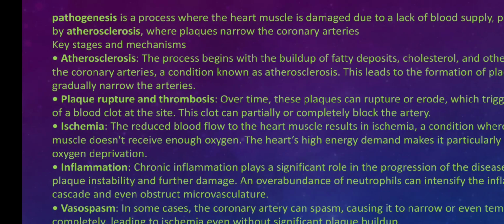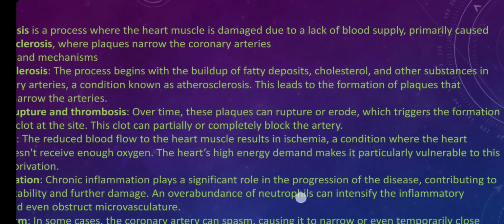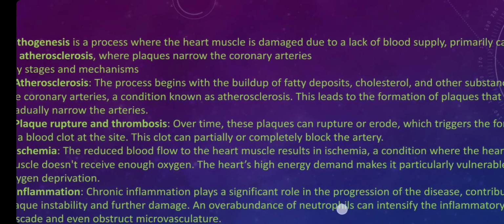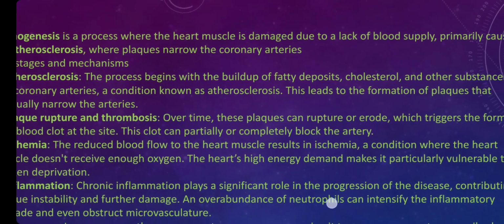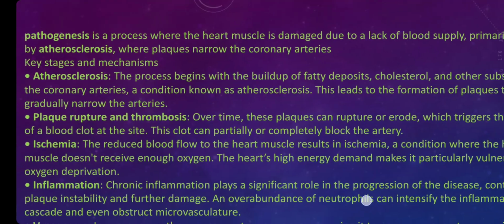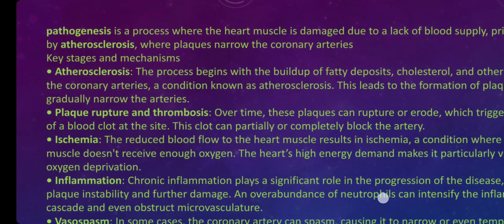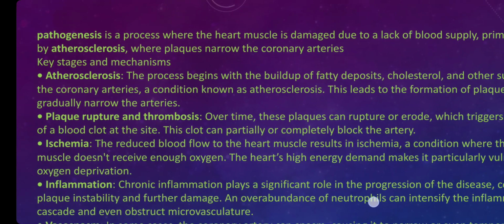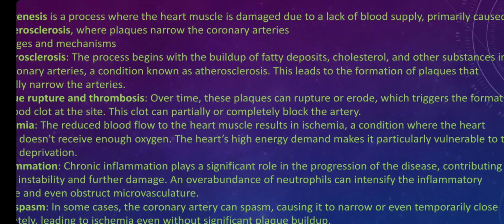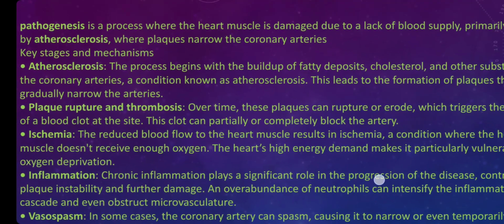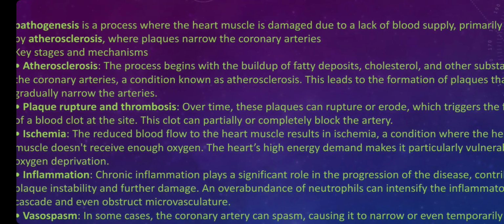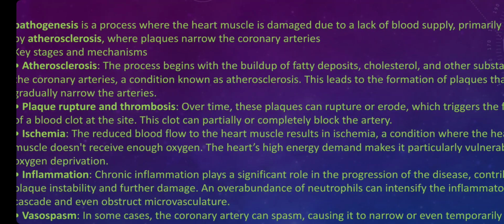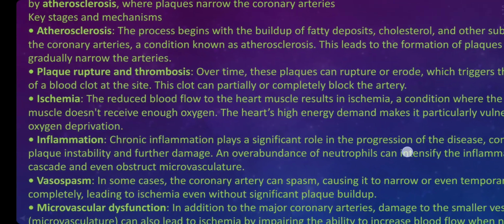It leads to the formation of plaques that gradually narrow the arteries. Atherosclerosis means the deposition of fat or cholesterol in the artery. It leads to plaque formation and gradually narrows the artery.